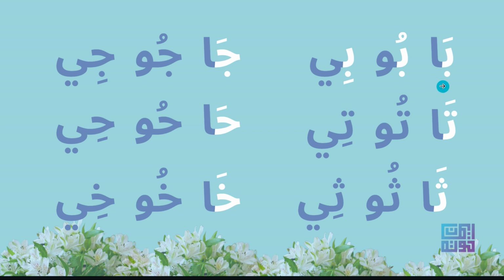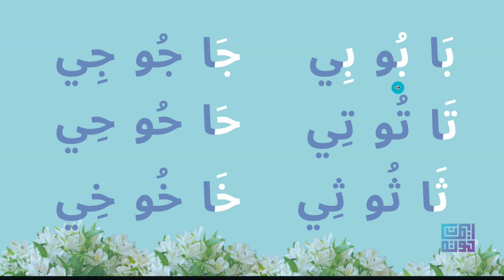So we start with the letter ba. We have a ba fatha, alif sukoon. We call it alif sukoon. Sukoon means standing still. So we say ba. This is the name of the letter. Ba fatha. And then comes alif sukoon. Then we pronounce it baa.